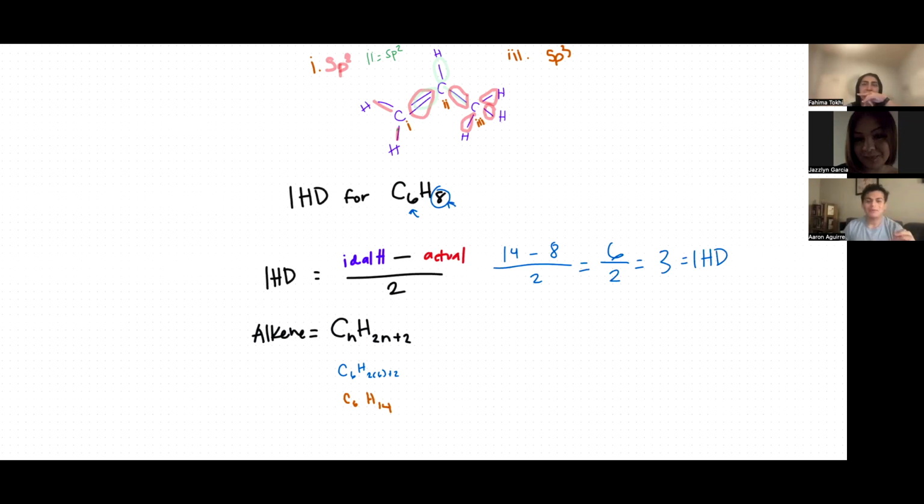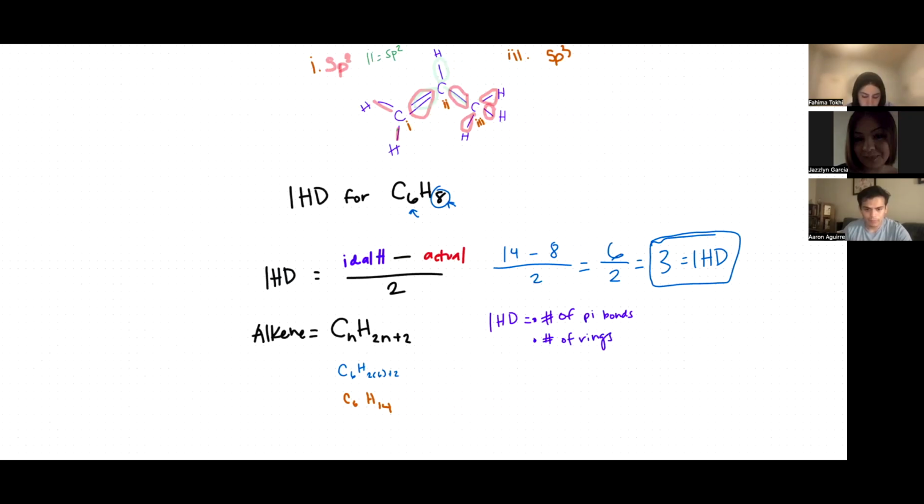Okay, now before we move on, what does this even mean? What does that mean about the structure, the degrees of the structure? I have it in my notes. The double bond is 1 degree, triple bond is 2 degrees, and the ring is 1 degree.